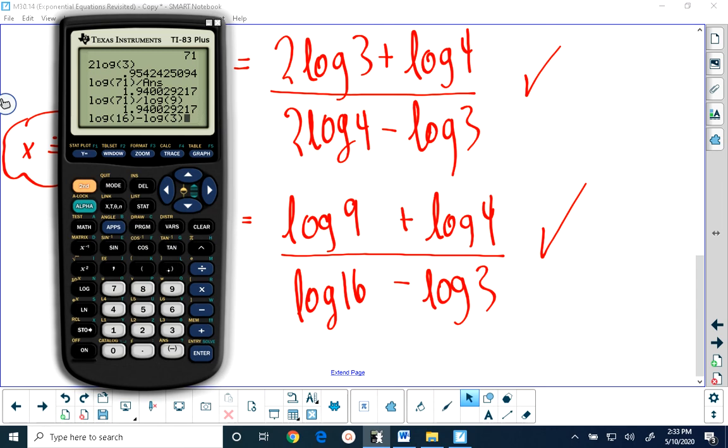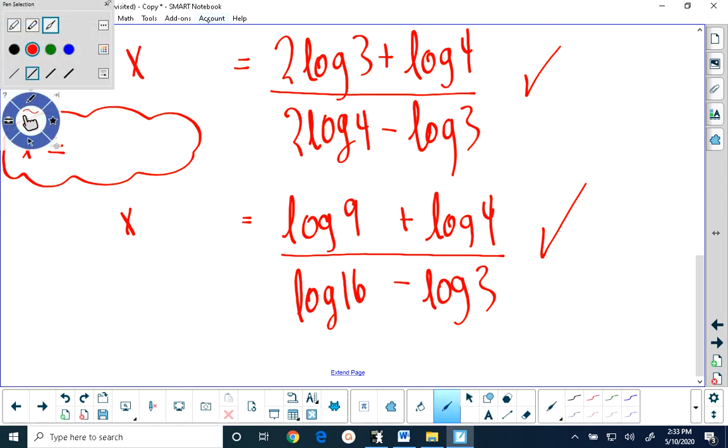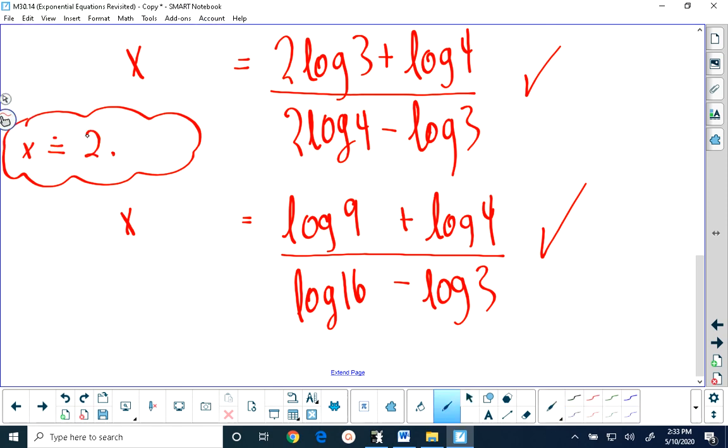Make sure you notice how I close the brackets on each of those. And then in brackets, I would take log of 9 plus log of 4, and I would divide that whole thing by my answer. Either way, make sure you were able to get 2.14 or, to the nearest decimal, 2.1.